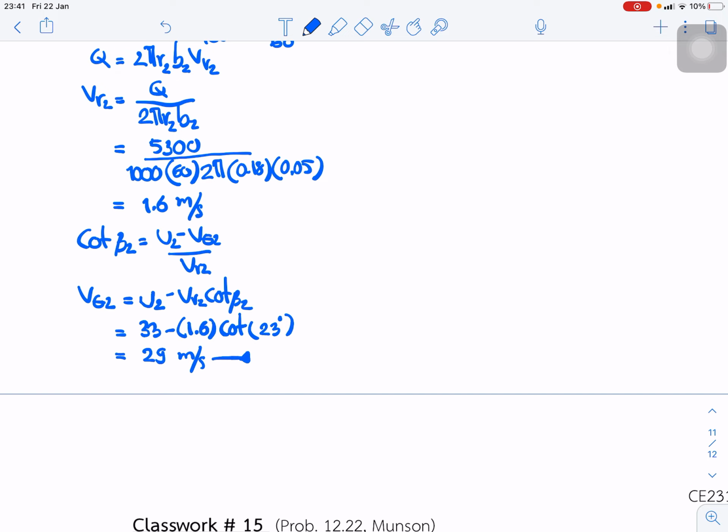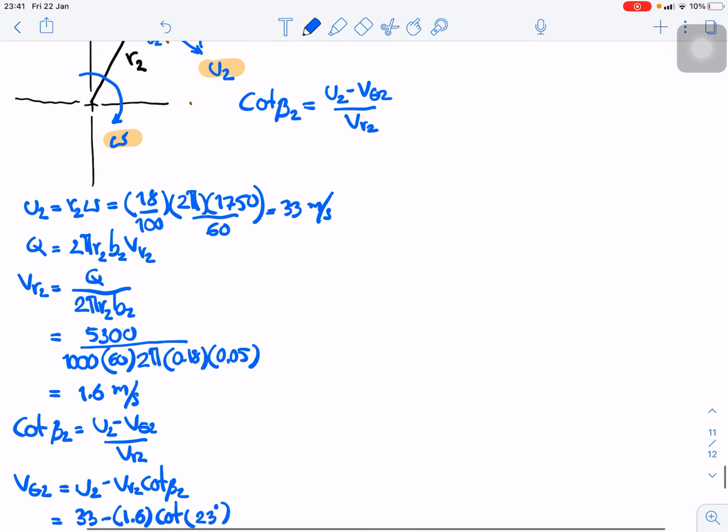So at point 2, the tangential velocity is 29 meters per second. Okay, we move to part B.